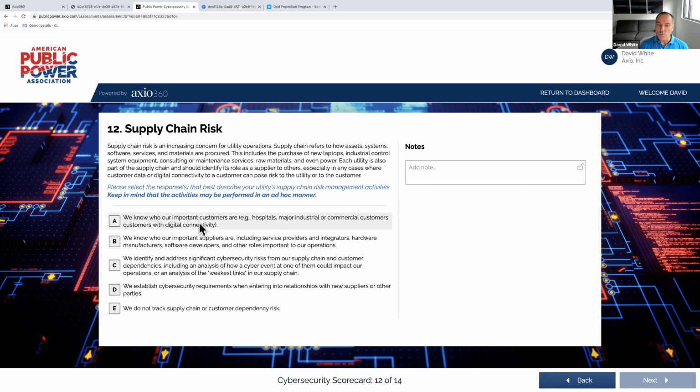In the C2M2, the model views every organization as a link in a supply chain, and it looks both up that chain and down that chain. So we want to know both that you know who your important customers are, and who your important suppliers are, and that you've identified risks from your supply chain, including an analysis of how an event can propagate from a vendor or a customer into your system.